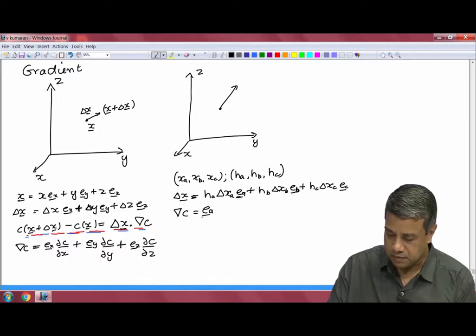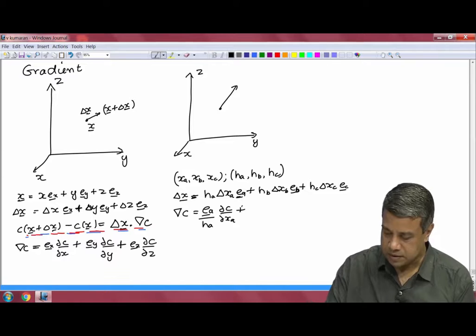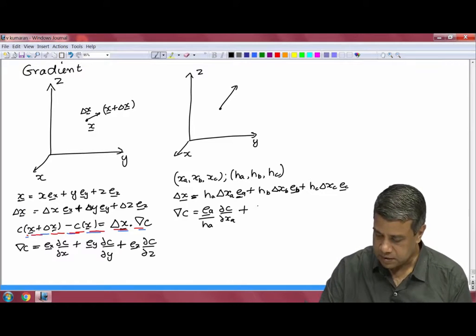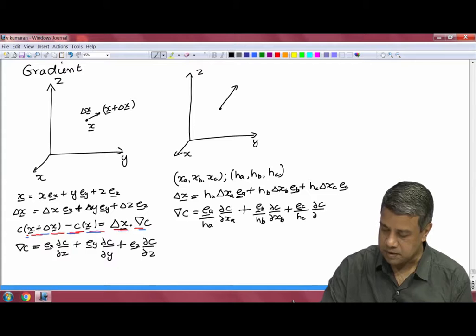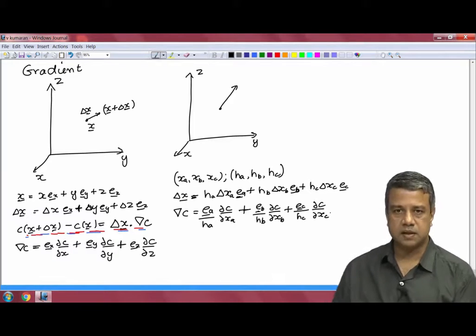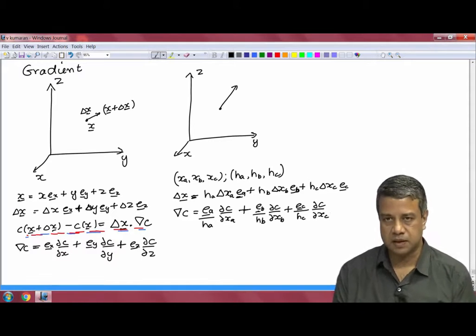The gradient in this case is defined as grad c is equal to E A by H A partial c by partial x a plus E B by H B partial c by partial x b plus E C by H C partial c by partial x c, so that it has dimensions of concentration divided by length.